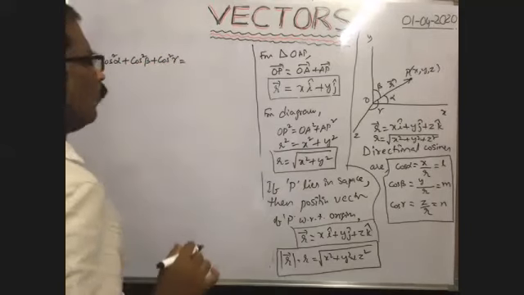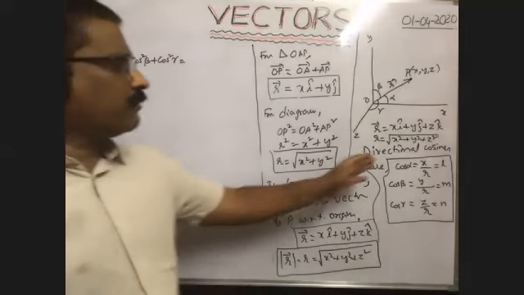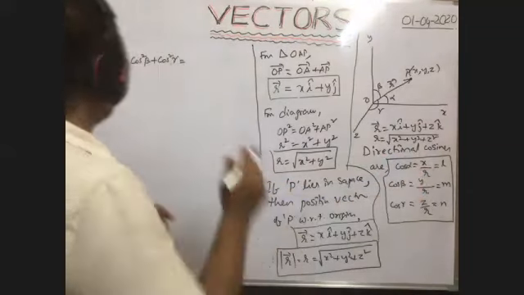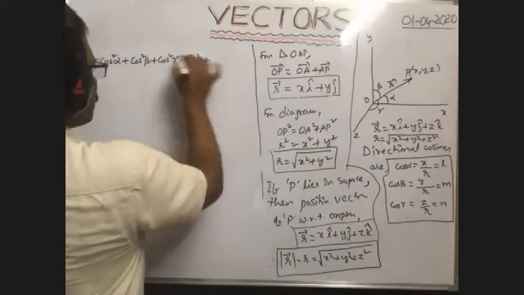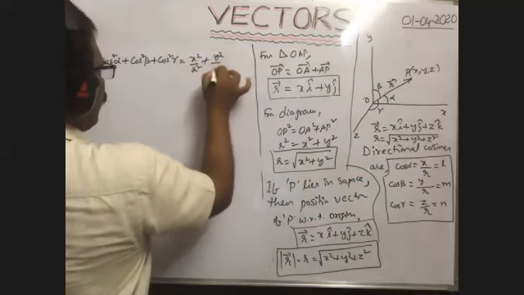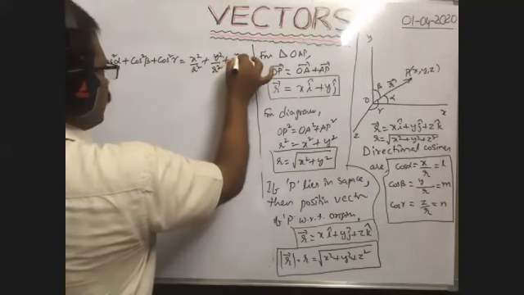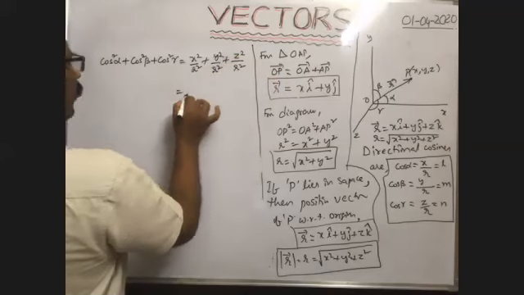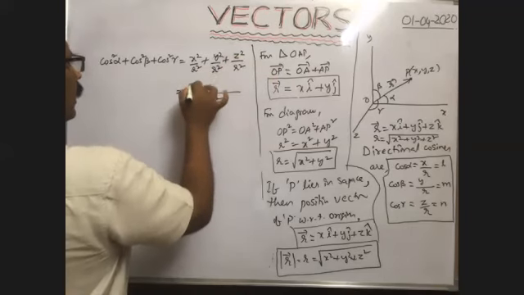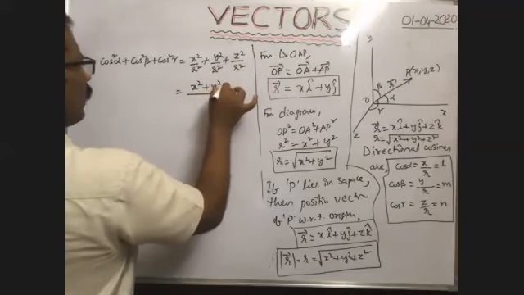What about cos alpha? Cos alpha is equal to x by r. That's why cos square alpha means x square by r square, plus cos square beta means y square by r square, plus cos square gamma means z square by r square. Therefore, this is equal to, taking the LCM r square, x square plus y square plus z square remaining.